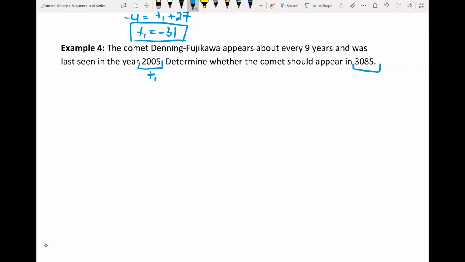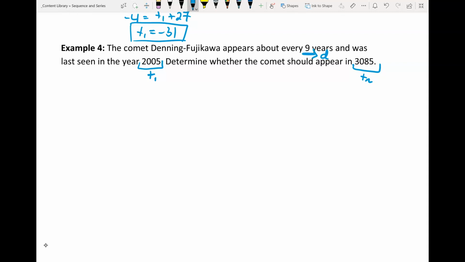This would be Tn because that's kind of like the final time whether a comet would appear or not. It occurs every 9 years, so this would be our d. Because after 2005, that means the next time the comet's going to show up would be 2005 plus 9, which is 2014.